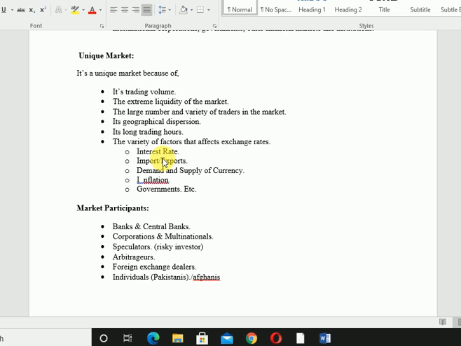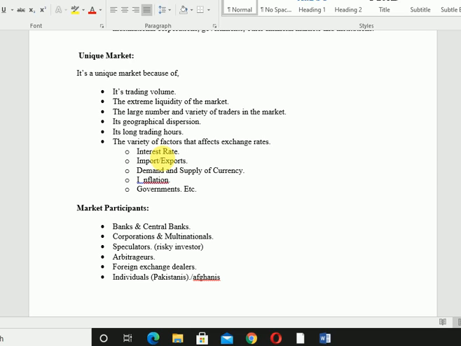But those countries where inflation is uncontrollable, inflation directly affects the exchange rate. High inflation rate will lead to a high exchange rate, and lower inflation rate will lead to a low exchange rate.